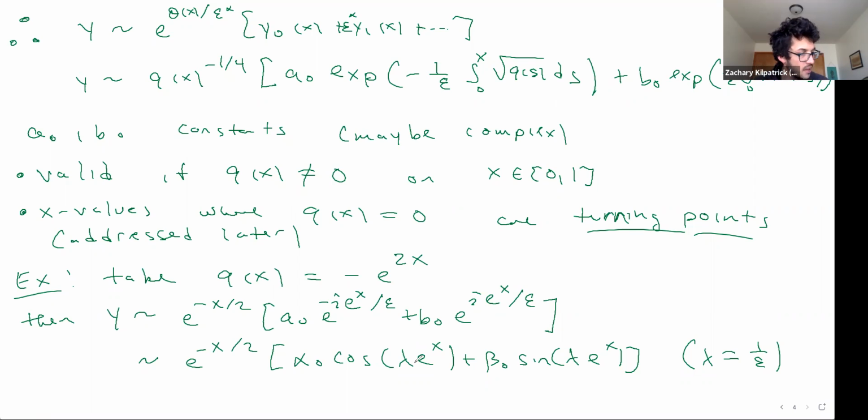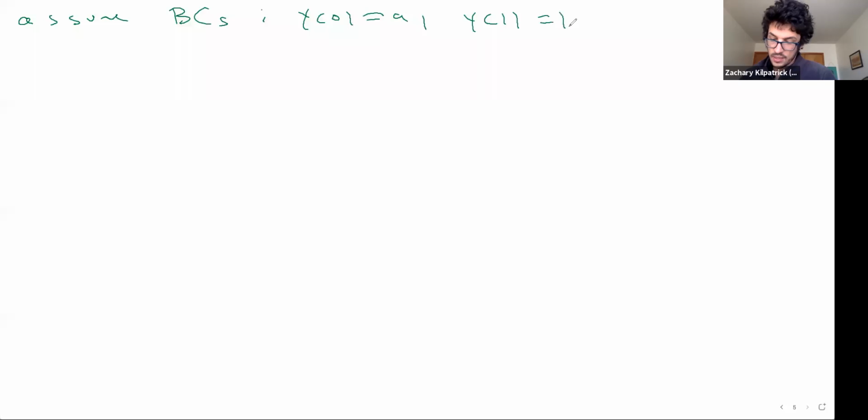Now, if we apply some boundary conditions to this problem, let's assume y of 0 is equal to a and y of 1 is equal to b.